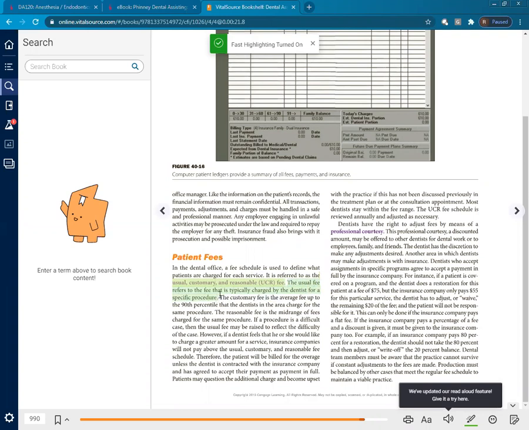The customary fee is the average fee up to the 90th percent that the dentists in the area charge for the same procedure. And then the reasonable fee is the mid-range of fees charged for that same procedure. So for example, if a procedure is difficult, then the usual fee might be raised to reflect the difficulty of the case.